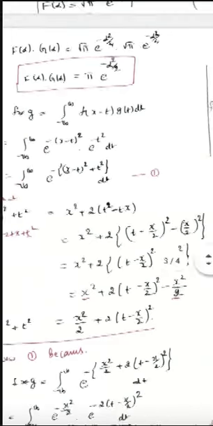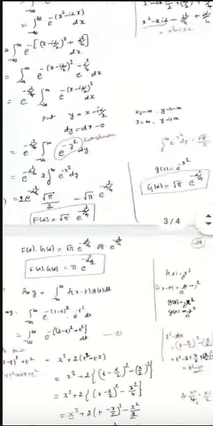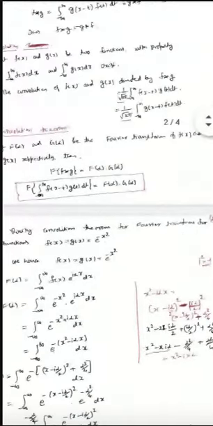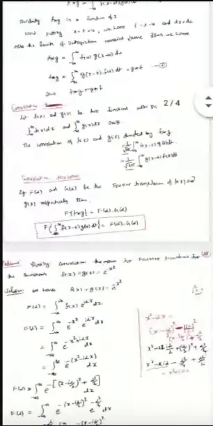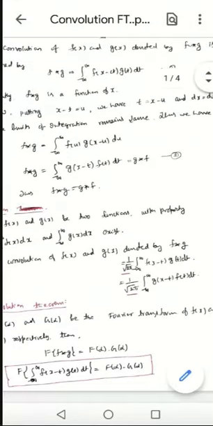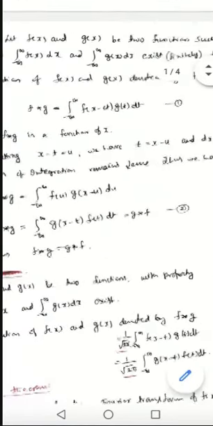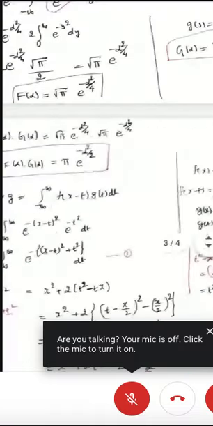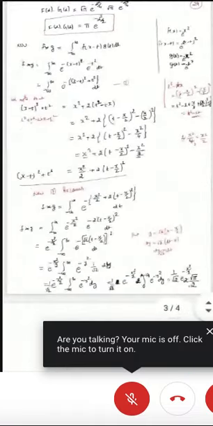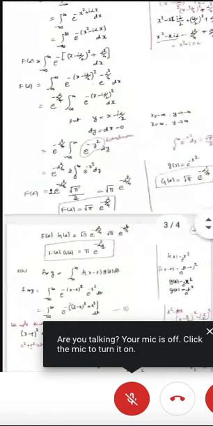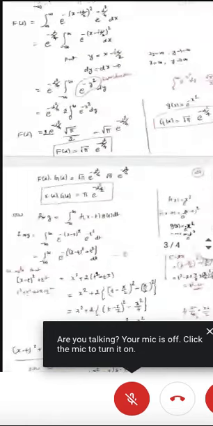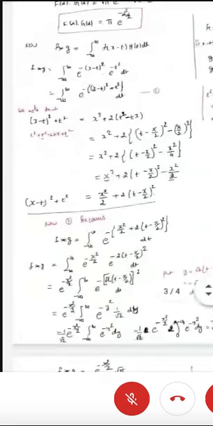Now from equation 1, where is equation 1? Here is equation 1, f star g. But in the exam, don't write equation 1. We don't know where equation 1 is, so you have to mention that formula, the f star g formula.